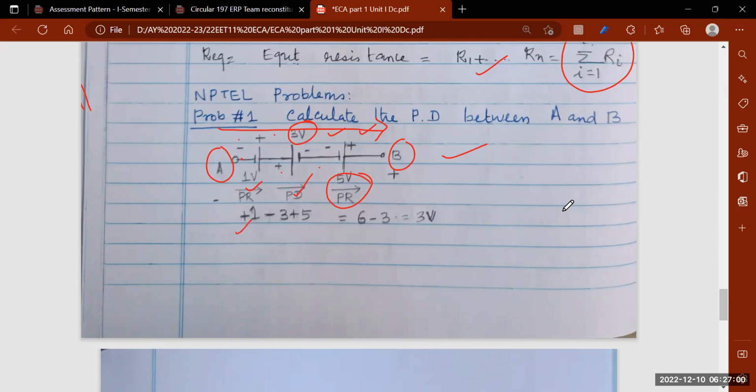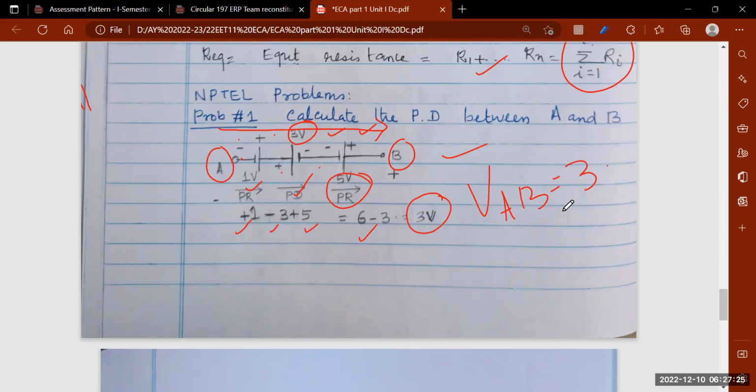So this is plus 1, minus 3, plus 5. When I combine positive and negative terms, 6 minus 3, the net voltage VAB is equal to 3. So this is how we assign polarity for the voltages, and we calculate the net voltage across any two points.